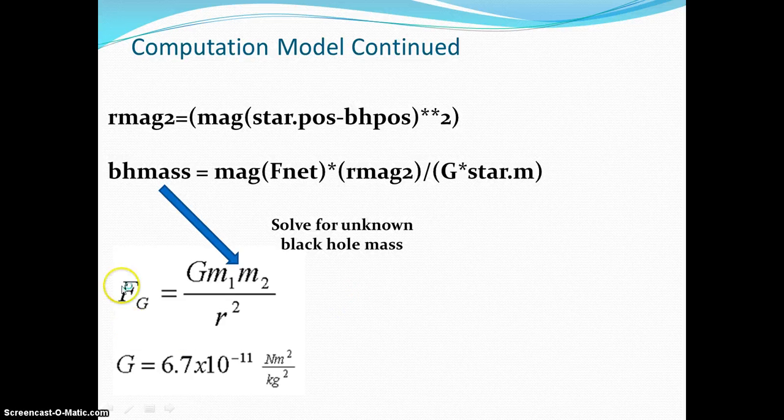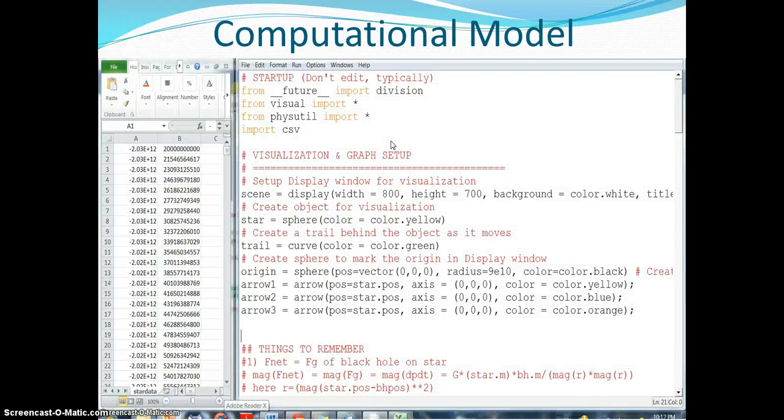Here all I did was take the magnitude of our force of gravitational attraction and use algebra to solve for this unknown black hole mass. And again, this is an approximation of the G constant I use. This is the actual code I used here. And the R vector we found by taking our star's position minus our black hole's position.